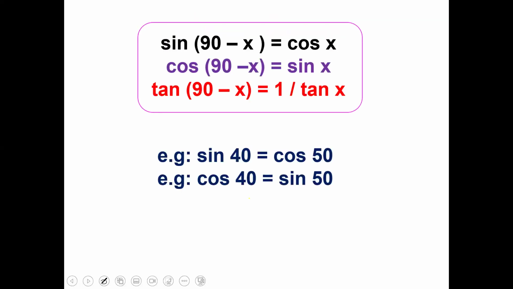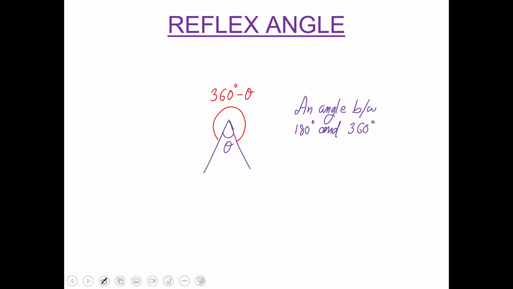So we are done with this now. What is a reflex angle? More than 180. An angle between 180 and 360. Yes.